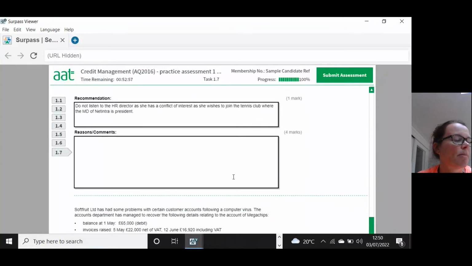Right, reasons and comments. So let's go back to the company itself. A variety of excuses have been provided. It appears the necessary documentation is available to prove the validity of the debt.